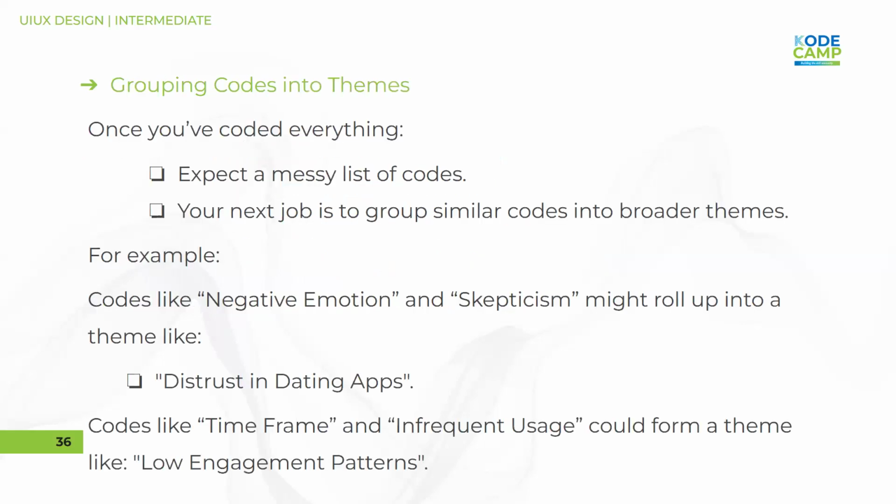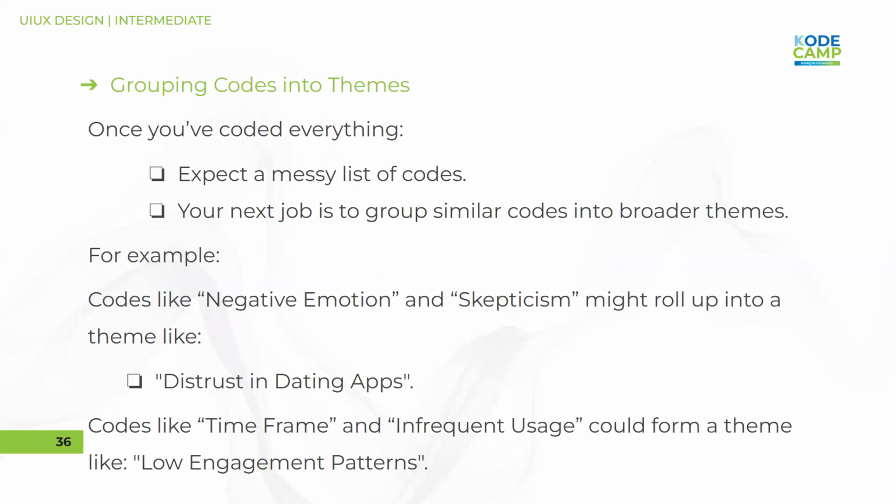After this, we are now going to group codes into themes. Once you have coded everything, it will be a messy list of codes. So your next job is to group similar codes into broader themes.